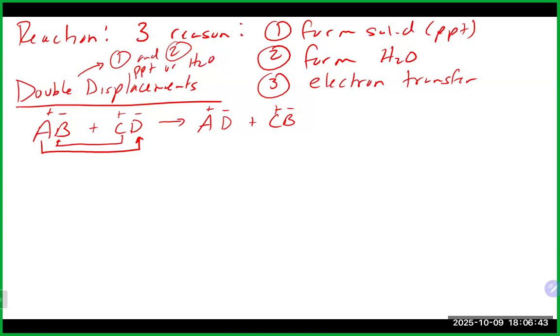So ultimately what's happening in these double displacement reactions is either you're going to make a solid or you're going to make water. And again, that's 2 of the 3 reasons it happens. Again, there are more specific classifications that fall under there that are still double displacement reactions, but they're called something else. But ultimately, there's still a double displacement reaction that's happening.